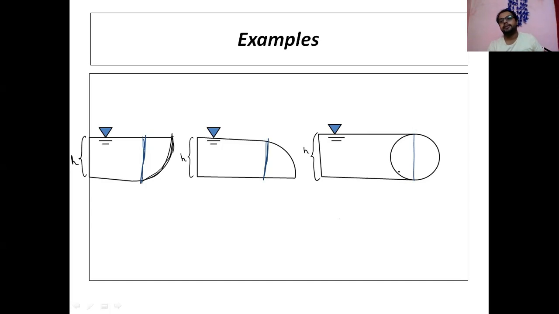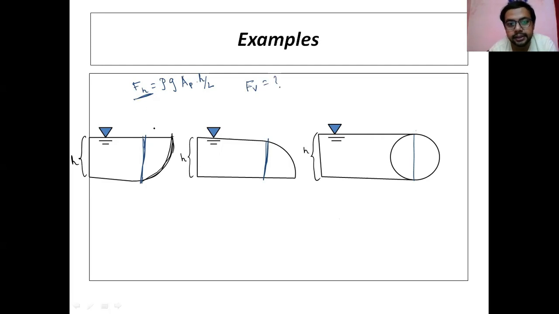That is the projected surface. So in all the cases the horizontal force is the same. FH for all the cases is rho g into the projected area aP into the centroid depth H by 2. All the cases are the same, but the vertical force is different. Horizontal force is the same for all the cases, but Fv is different for the different cases.